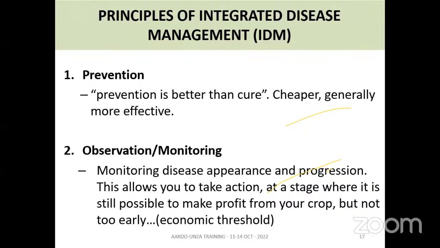So instead of waiting to start firefighting when the disease shows up, it's always better to be preventative. It's generally cheaper, less stressful, more effective. Pesticides, one can say they're effective because they'll deal with your disease. But sometimes even fungicides, if you apply them when it is too late, are not going to help you. So prevention is generally a way to go.